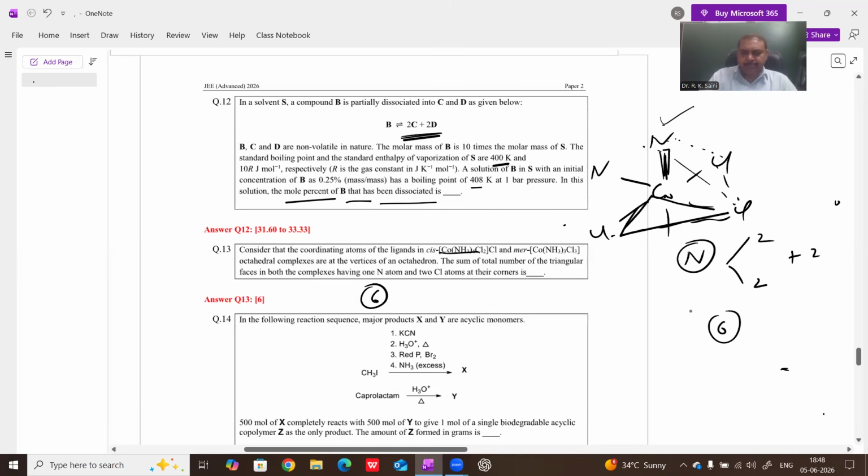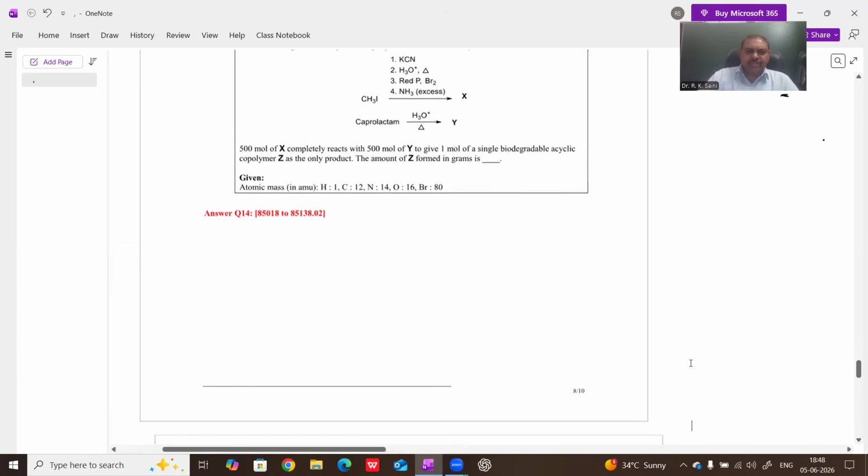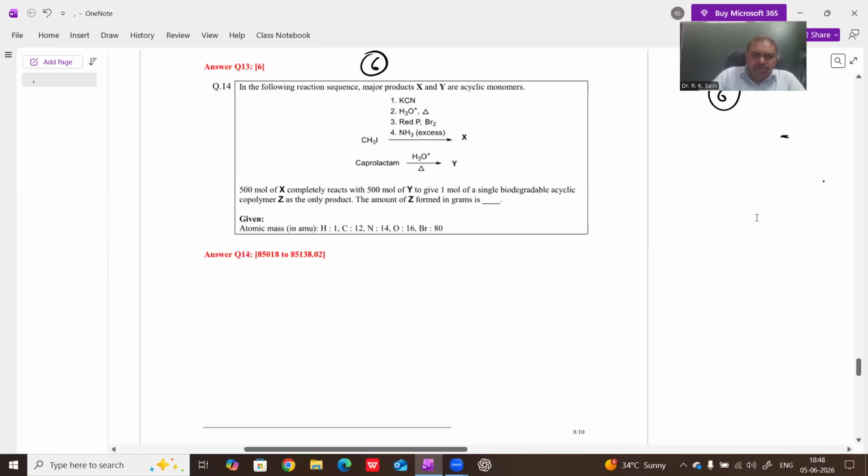Question 14. Question 14 is also taken from organic chemistry and is a very important question, because this question is organic as well as biomolecules or basic concepts are involved. First, methyl halide reacts with KCN, then the halogen is replaced by cyanide, on hydrolysis, then it gives acetic acid.